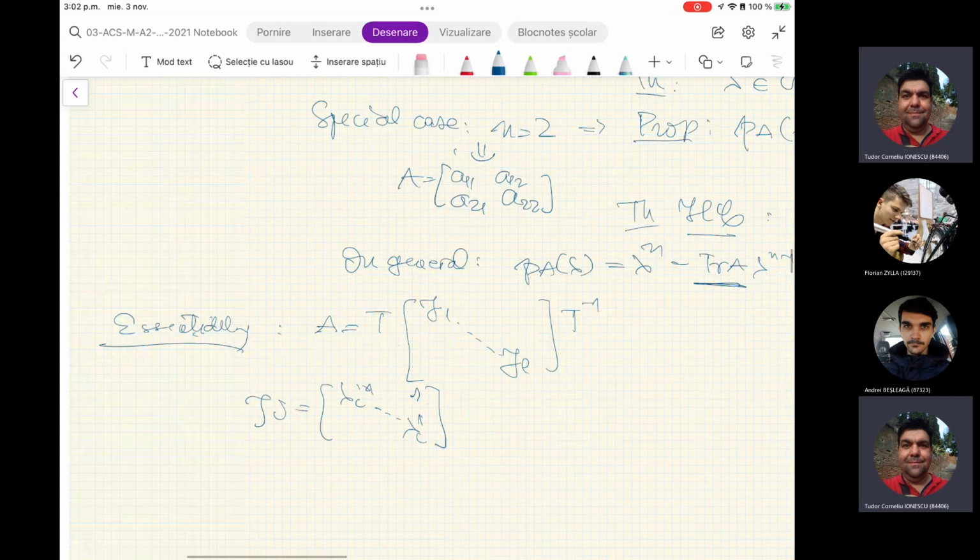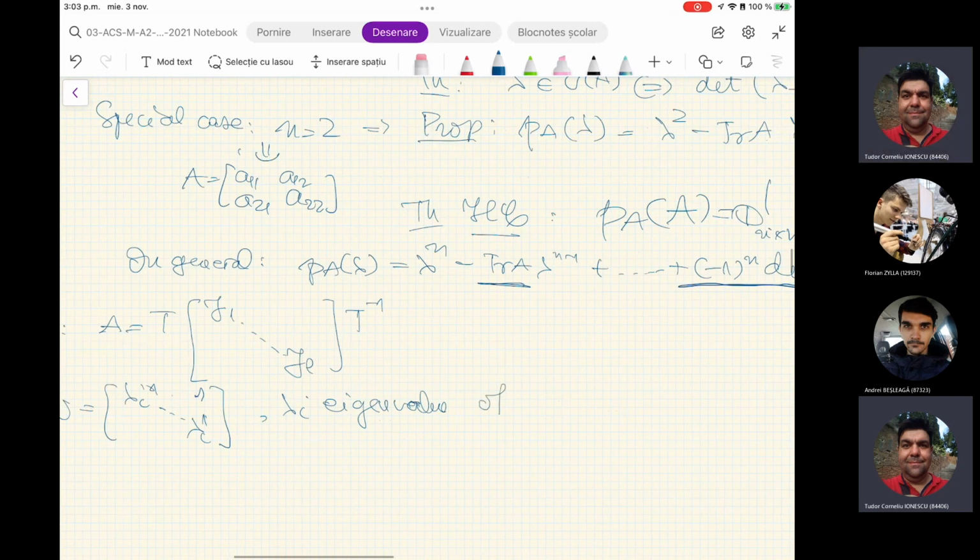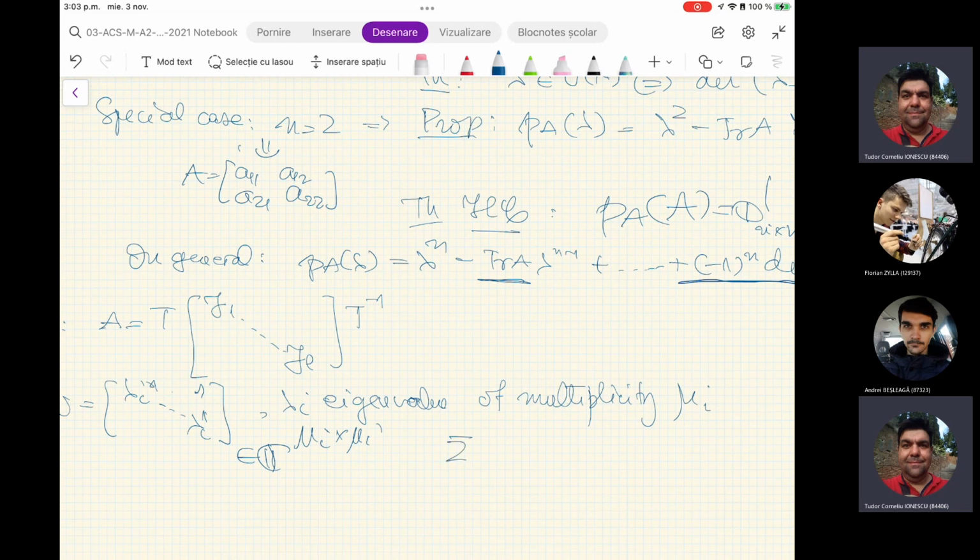This is a Jordan block for eigenvalue lambda i, of multiplicity mu i. So this is the most general case. Each Ji has dimension mu i, and the sum of mu i from i equal 1 to L is the whole dimension N of the matrix.